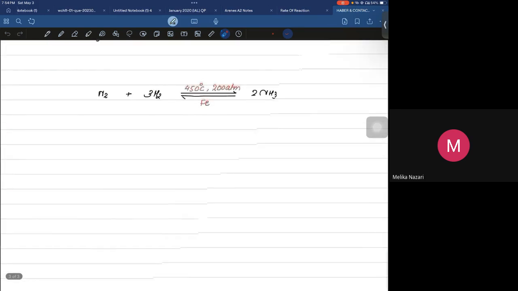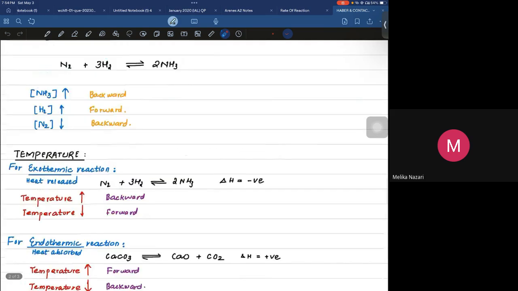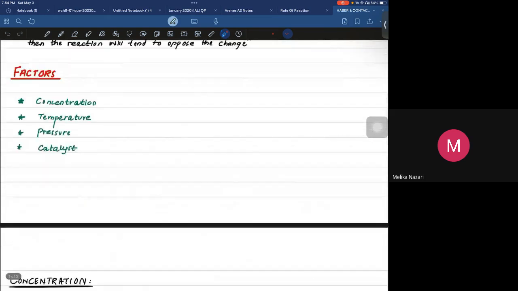And what is a catalyst? What is the job of the catalyst? What the catalyst does? It only increases the rate of the reaction. It has no effect on equilibrium. Remember, it only changes the time. After addition of a catalyst, the rate becomes higher. Nothing will happen with the direction of a reaction.